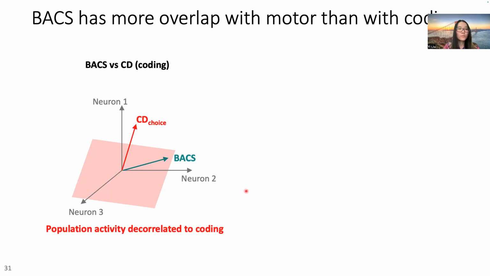And then we remove the neural activity along the CD choice to get the population activity decorrelated to coding. And we calculate BACS again in this decorrelated population activity, and we get BACS decorrelated to coding.